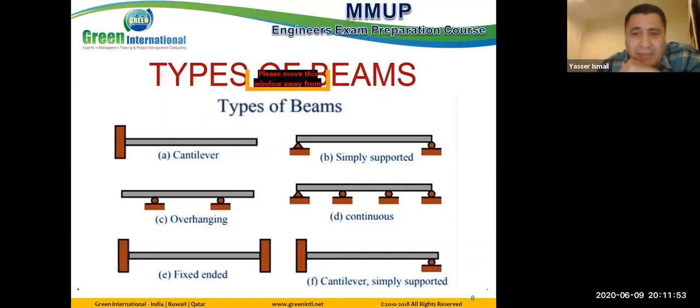Okay, what about the simply supported beam? This simply supported beam has 2 reactions at one support and 1 reaction at the other, so I have 3 unknowns. I need to estimate these 3 unknowns to get all the internal forces.